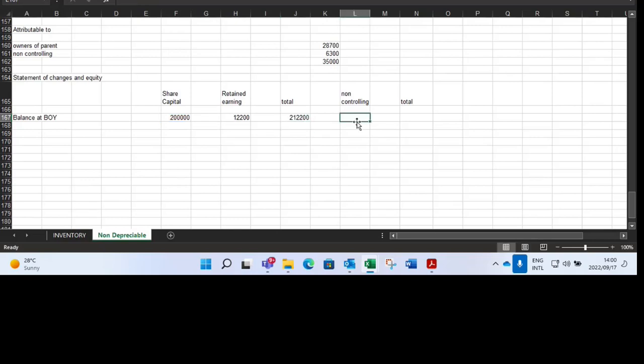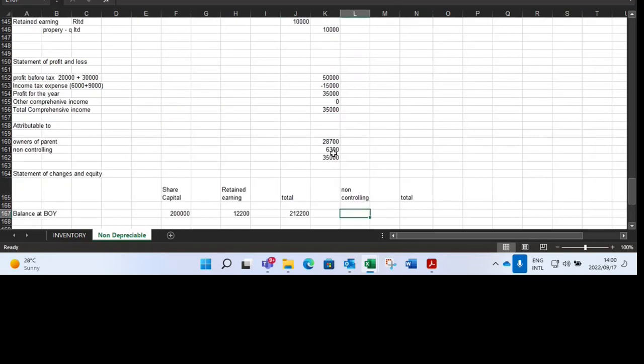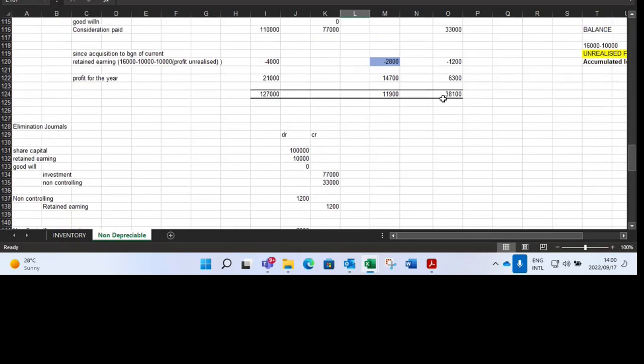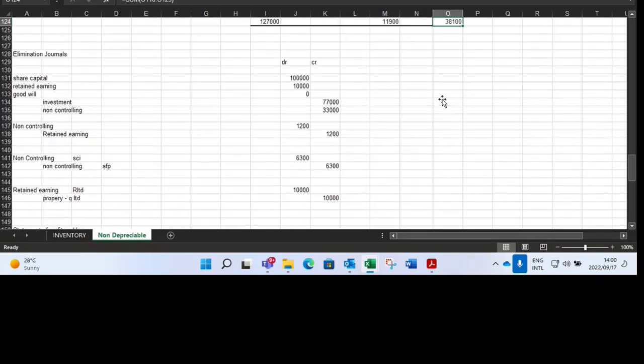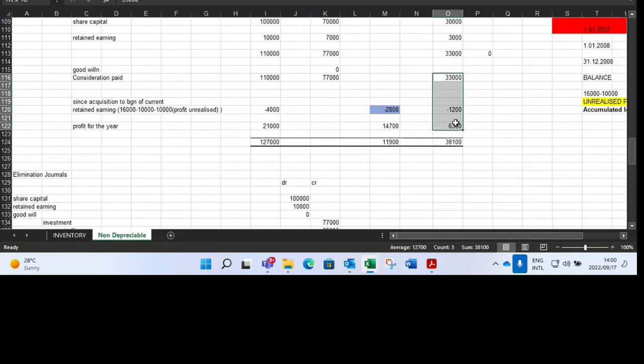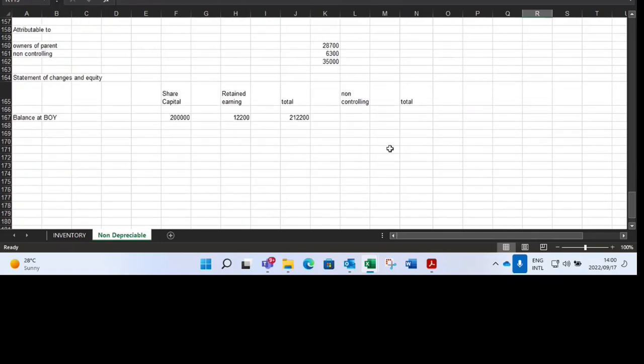And then the non-controlling, it will be this one. Okay, it's not the total. We have the 33, so we also have to take into account the loss that he incurred.